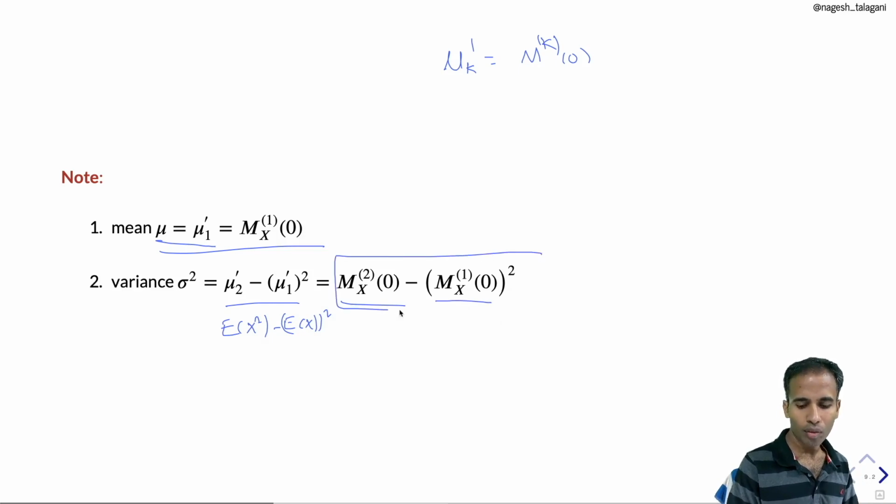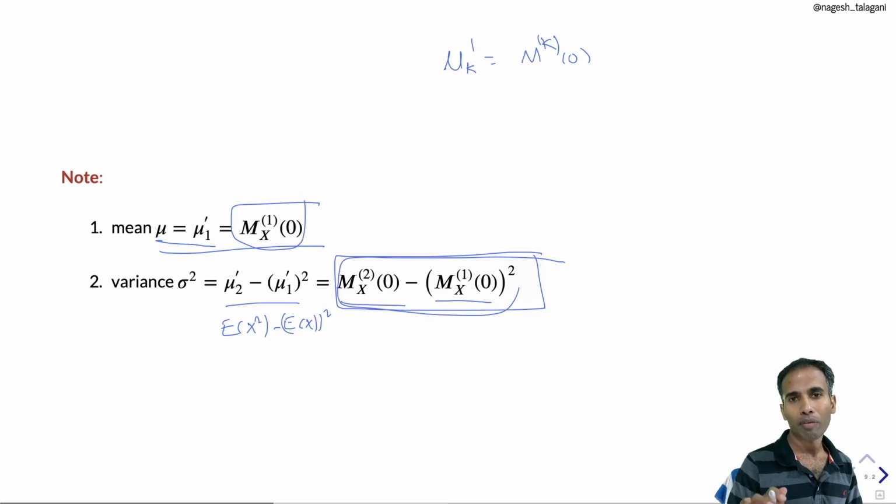So sigma square is going to be the second derivative of the MGF at 0 minus the first derivative of the MGF at 0 whole square. This is how we can compute mean and variance through the MGF. Please keep in mind, in the next problem we are going to use these results to compute the mean and variance for a given MGF.